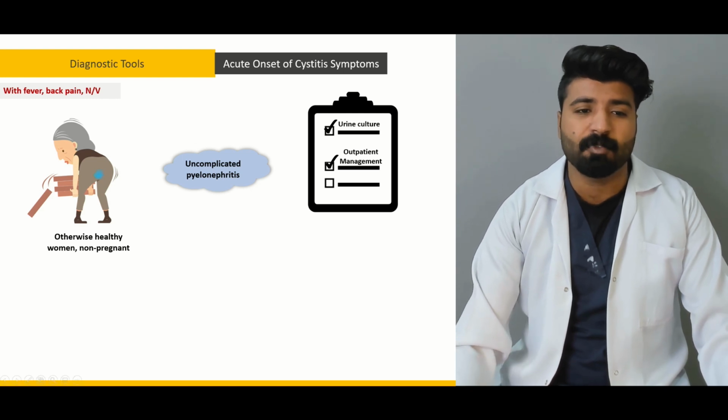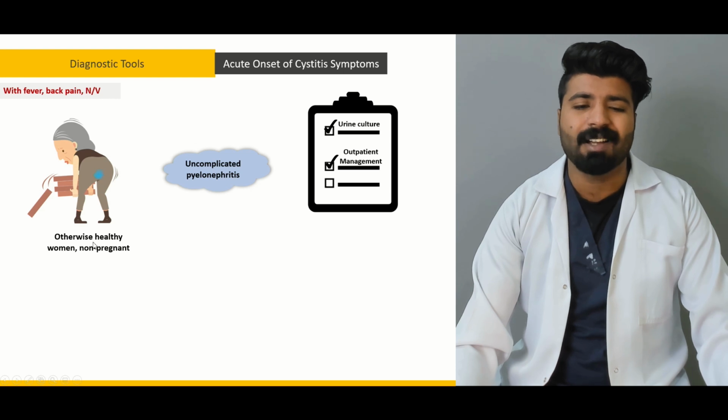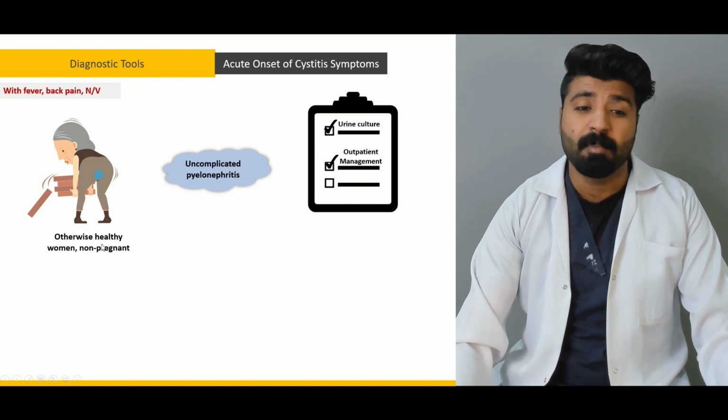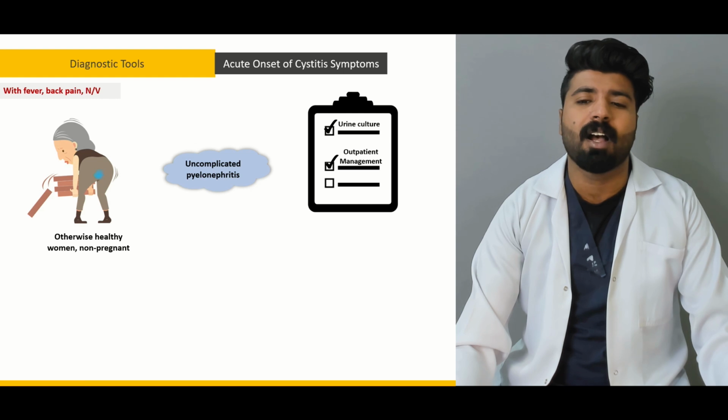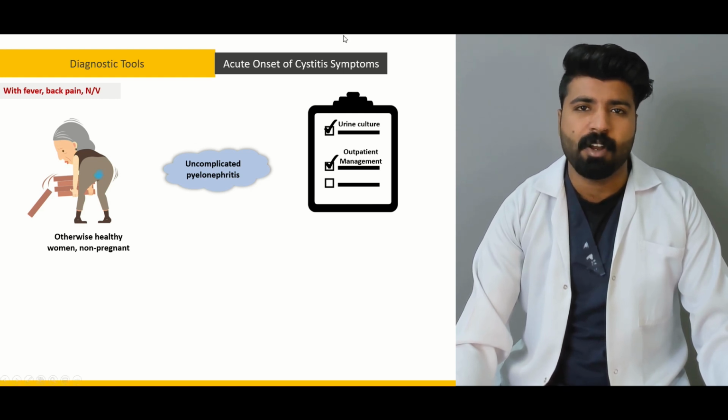So with back pain, fever, nausea and vomiting, an otherwise healthy, non-pregnant woman, you will immediately think of uncomplicated pyelonephritis, and then you'll go for urine culture and outpatient management. Why urine culture? So that you might get the idea what organism is causing this uncomplicated pyelonephritis.